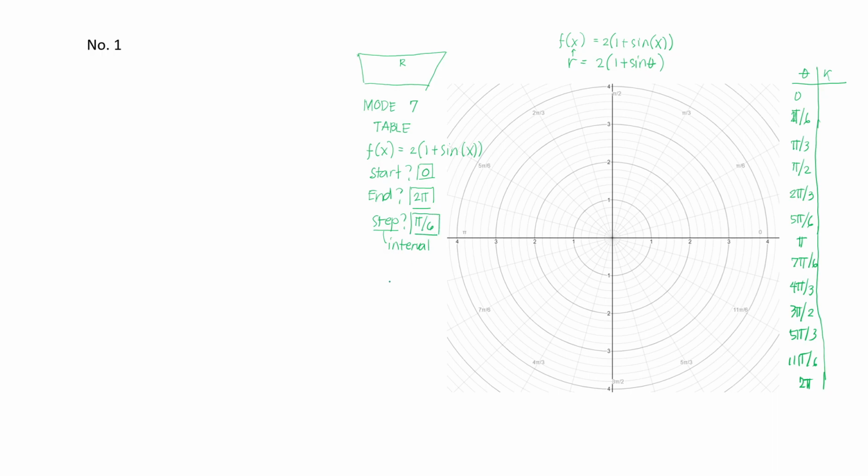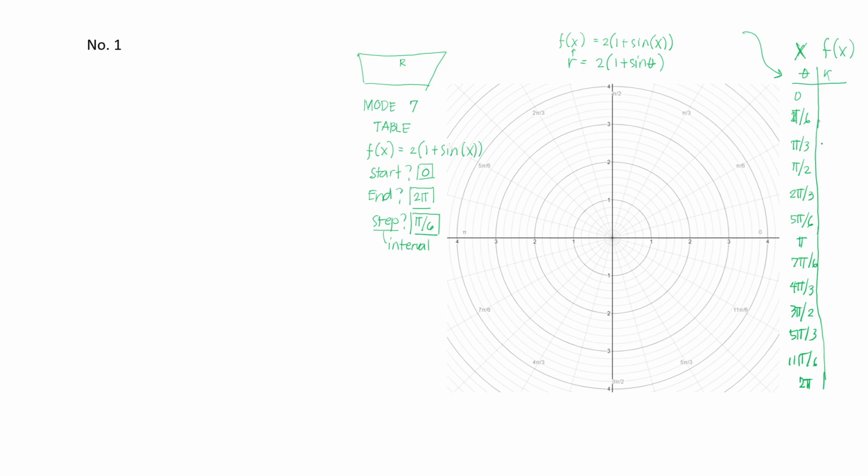Then after inputting the step and the equal sign, it will give you this table. So try reciting: it's theta, and in the calculator it's x and then f of x.